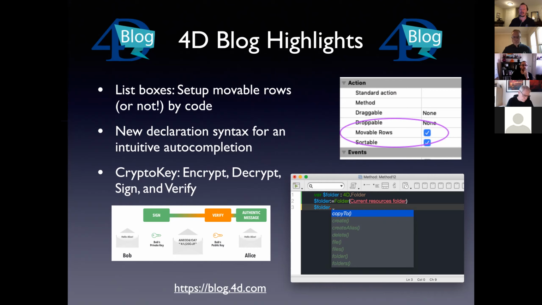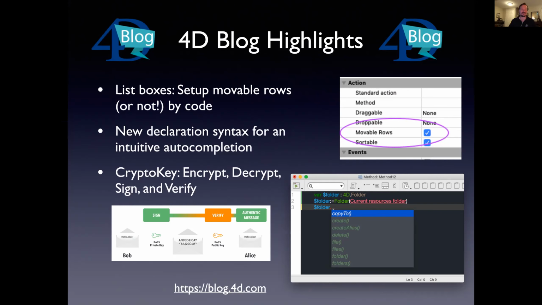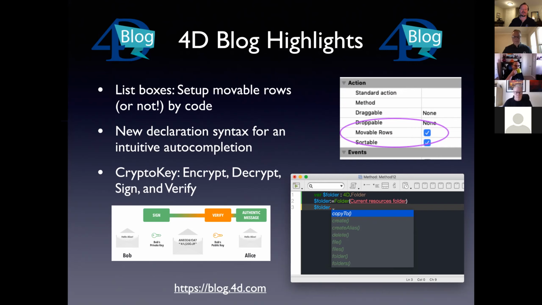I don't know if Guy is in the meeting today, but I'm certain that he will find that feature interesting. Because it can be a bit harrowing to do that programmatically, but now it's just a checkbox or a property you can set by code in a collection or entity selection based list box.